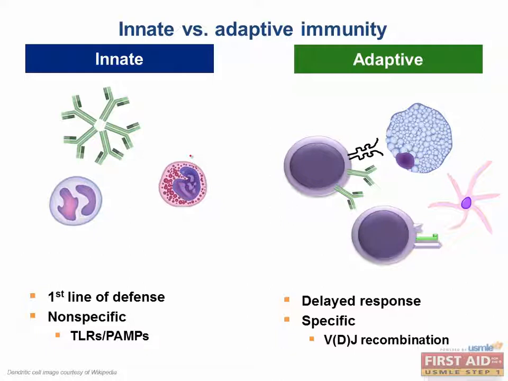But if these B cells class switch their antibody, we'll talk about how they do that later, and start making IgG, that is more associated with the adaptive arm of immunity. Okay, so got the overall major differences between these two types of immunity? I hope so. We'll talk about them a lot more in detail. I just wanted to provide you with a general overview right now.